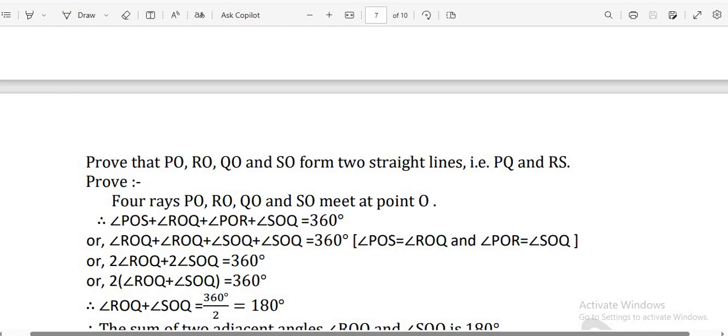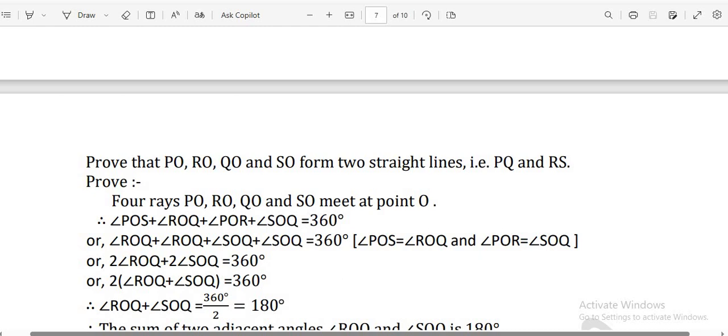We know the concept of opposite angles: angle POS is equal to angle ROQ, and angle POR is equal to angle SOQ. I can tell from that, angle POS plus angle ROQ plus angle POR plus angle SOQ becomes 2 ROQ plus 2 SOQ is equal to 360 degrees.